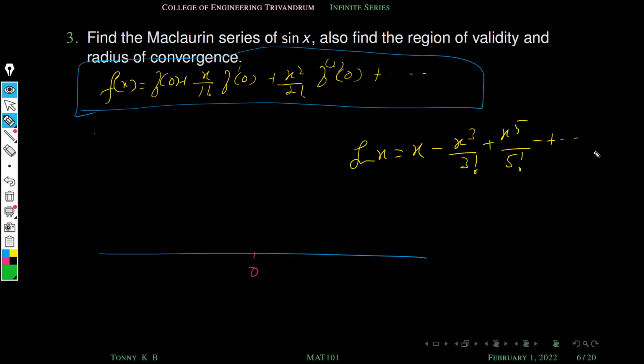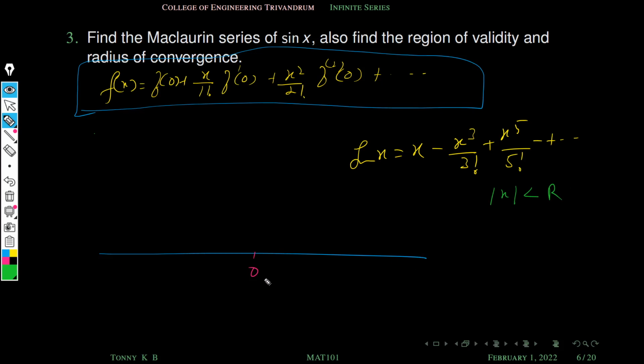Okay, next we have to find the region of validity or interval of convergence. We know that the interval of convergence of a Maclaurin series is always of the form mod x less than r. So we have to find the largest such r such that this function is differentiable. What about sin x? We know that sin x is differentiable everywhere, over the real numbers.